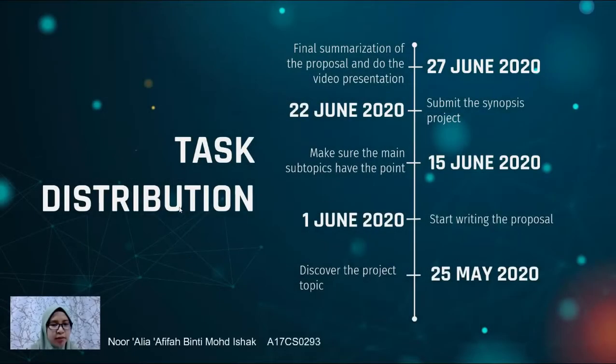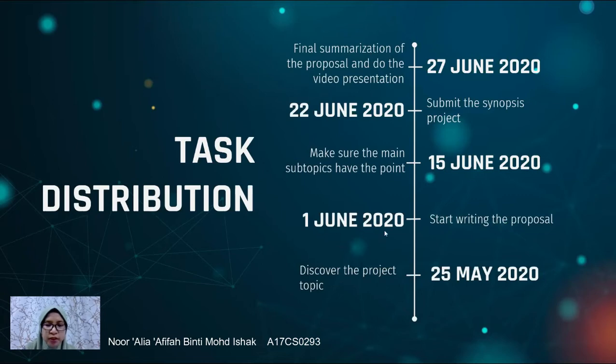Next slide is about task distribution. This diagram shows the timeline of our project. We started the project from the 25th of May 2020 until the 27th of June 2020. On the 25th of May 2020, my group discovered the project topic given by the lecturer, and we also distributed the tasks between each member.